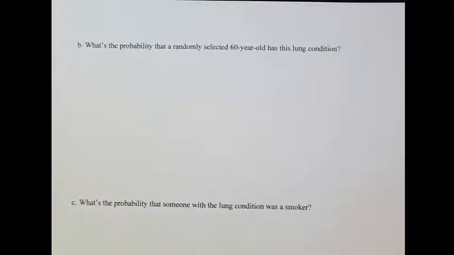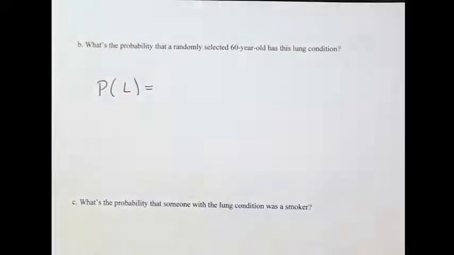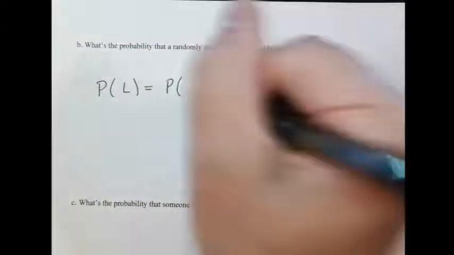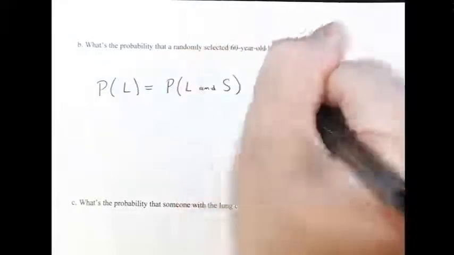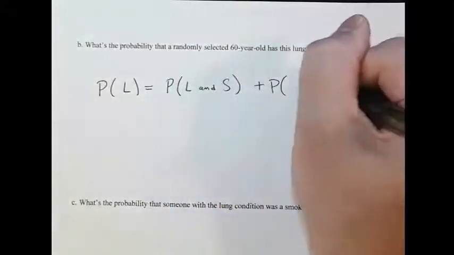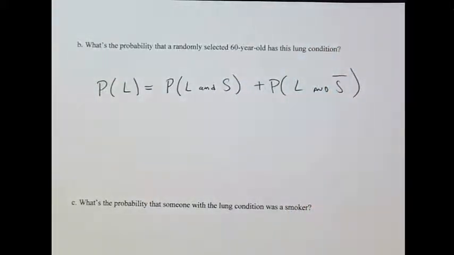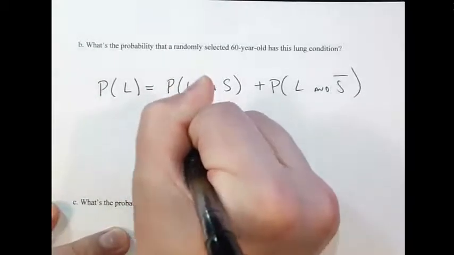So what's the probability that a randomly selected 60-year-old has this lung condition? That means the probability of L. In order to find that, go back to your picture and just identify the areas where there's L. That means that's the probability of L and S plus the probability of L and not S. Add those two numbers together.